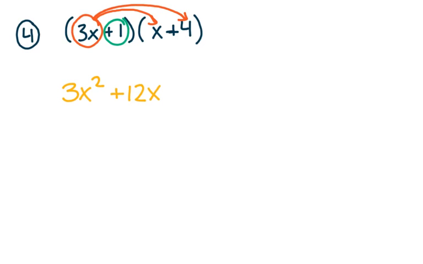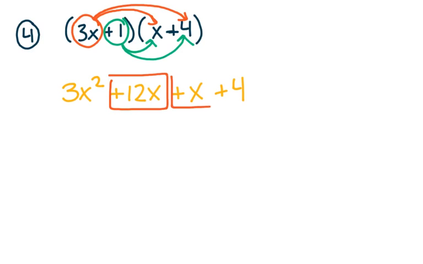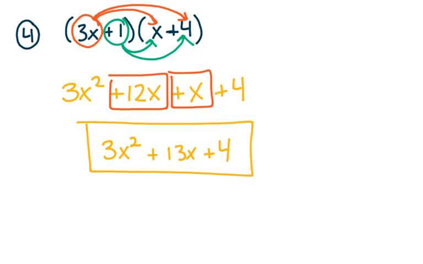So I get 1 going to my x is going to be plus x, and 1 to my 4 is going to be plus 4. From here, I can look to combine my like terms of a 12x and a positive x. So I get a final solution of 3x squared plus 13x plus 4 as my final product.